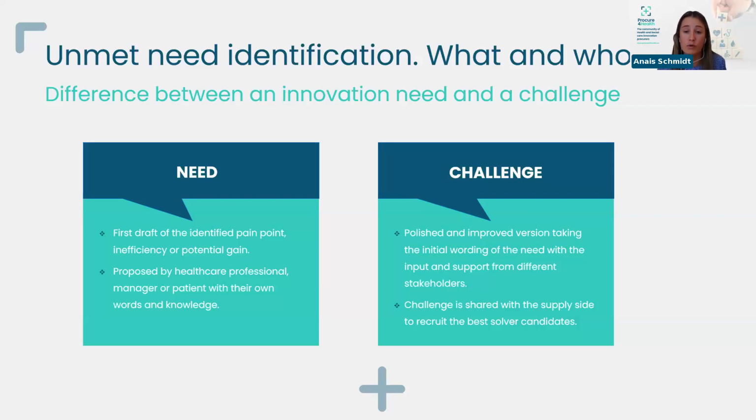So you need to improve the draft version of the need with the help of different stakeholders. And then the challenge is the document, the final version of the need, that will be launched to the supply side to recruit the solver that will cover the need, develop the solution and co-create the solution to solve this unmet need.